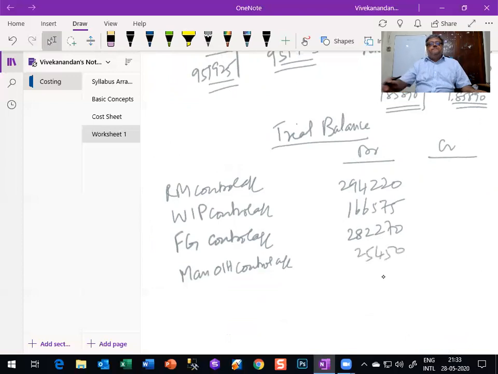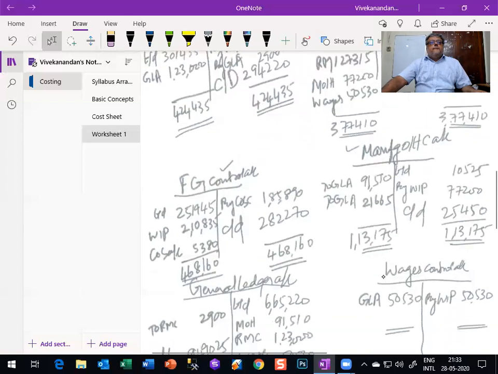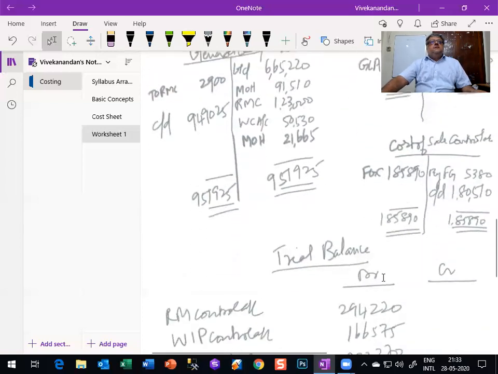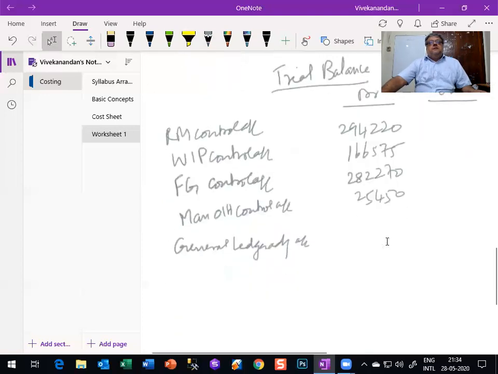And then the general ledger adjustment account. How much? 949,025.